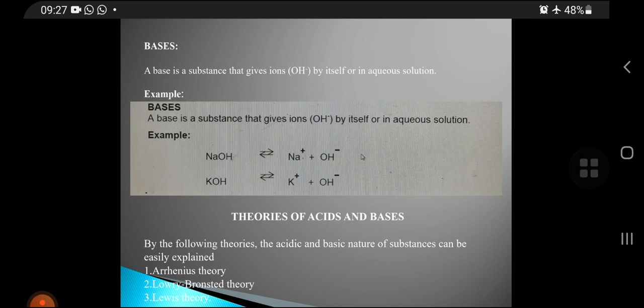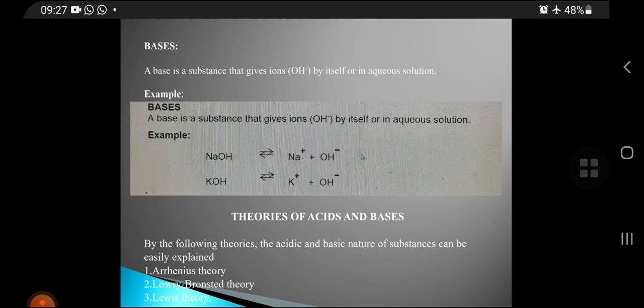Any substance that produces a positive ion in aqueous solution or by itself is called an acid. In base, any substance that gives a negative ion by itself or in aqueous solution is called a base. The important words are: gives OH minus ion by itself or in aqueous solution.